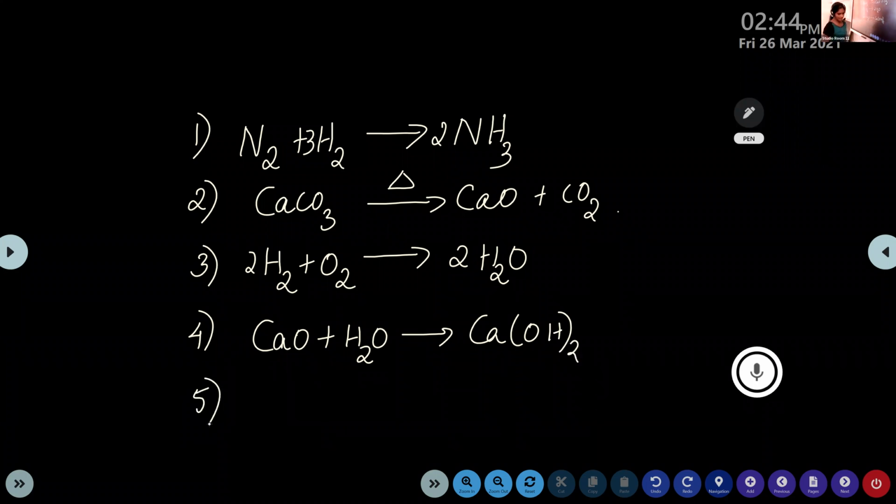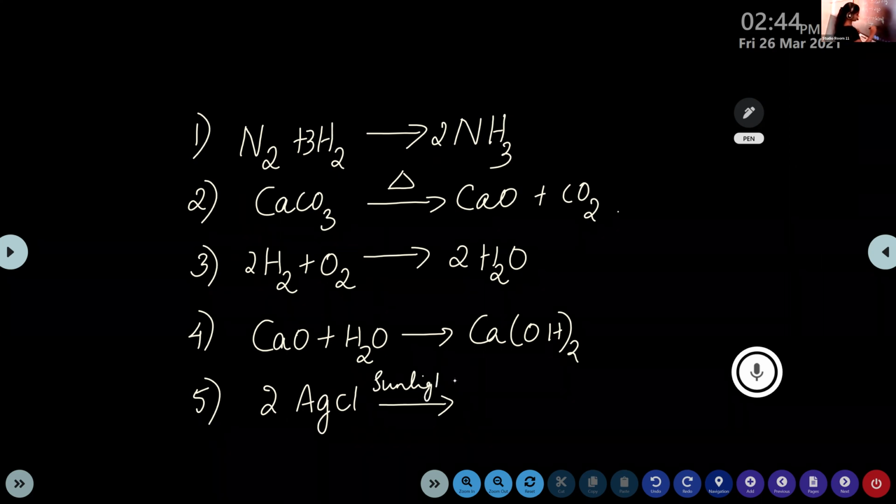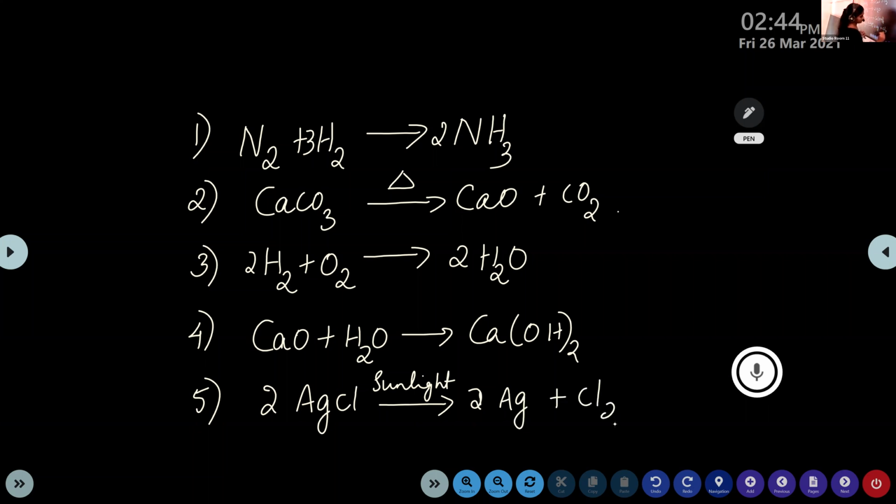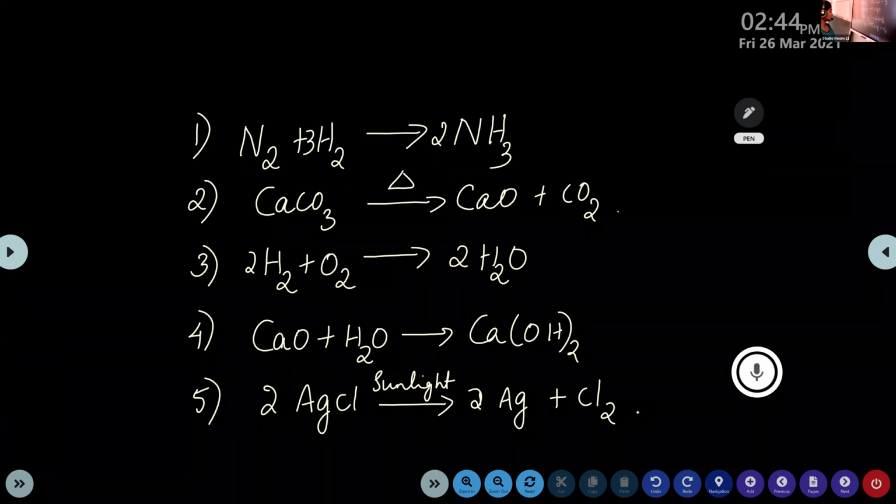You can write these chemical equations, then identify which type of reaction each is. There are 5 questions for you. You have to write down these equations and identify the type of reaction.